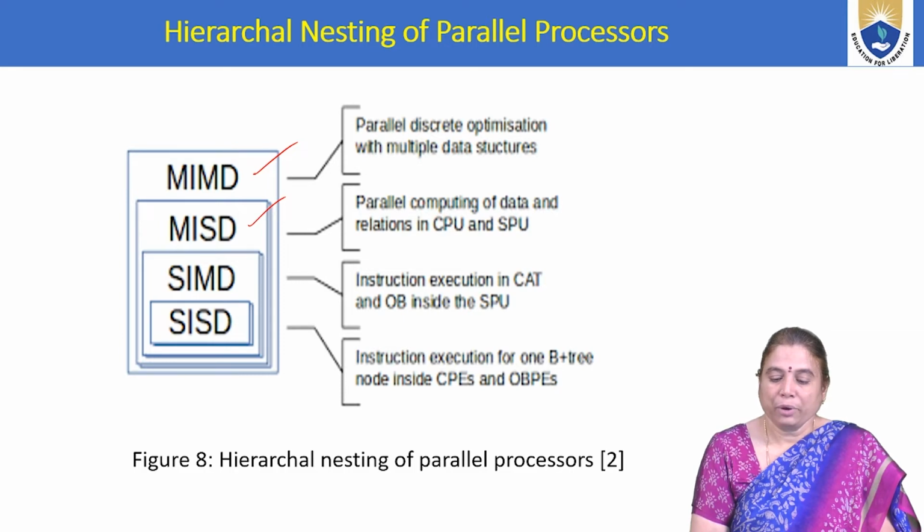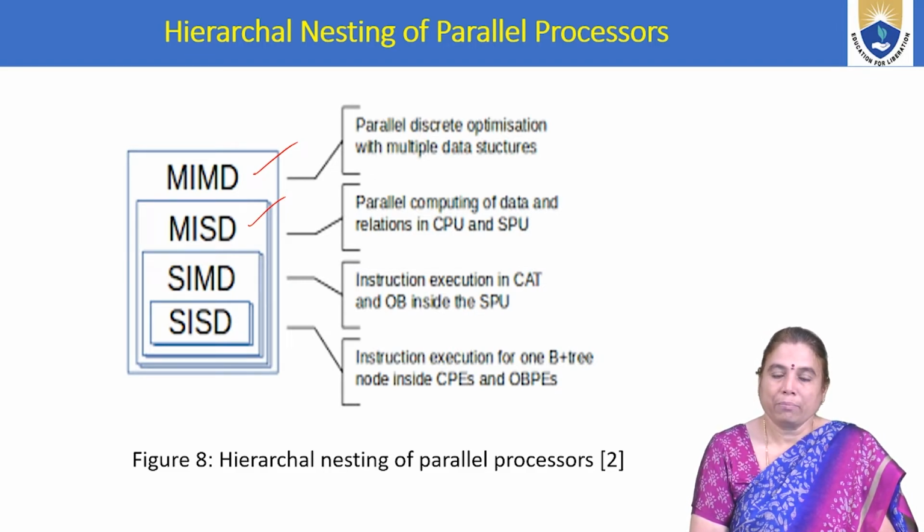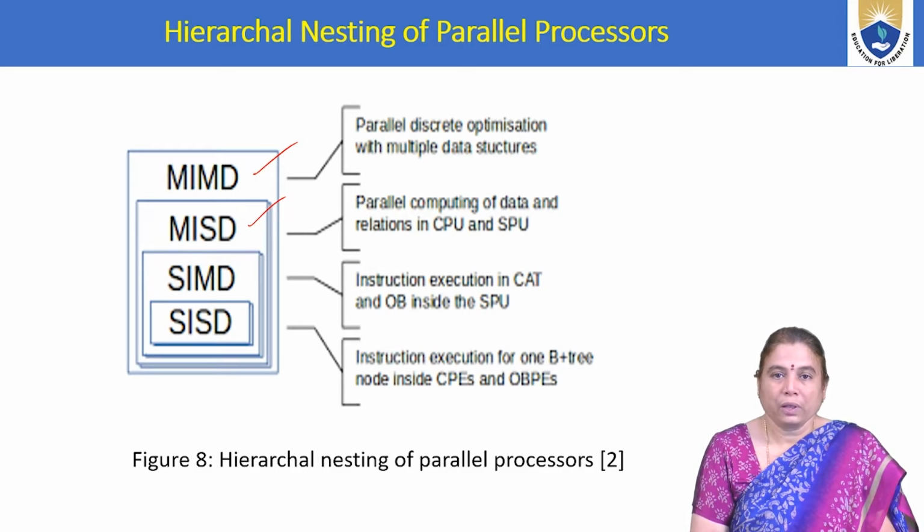Parallel computing of data in relation to the CPU and the SPU can be done with the help of MISD architecture. Next, in SIMD architecture, instruction execution can be done in a CAT fashion, and operational buffers inside the SPU can be used to support the multiple data stream.